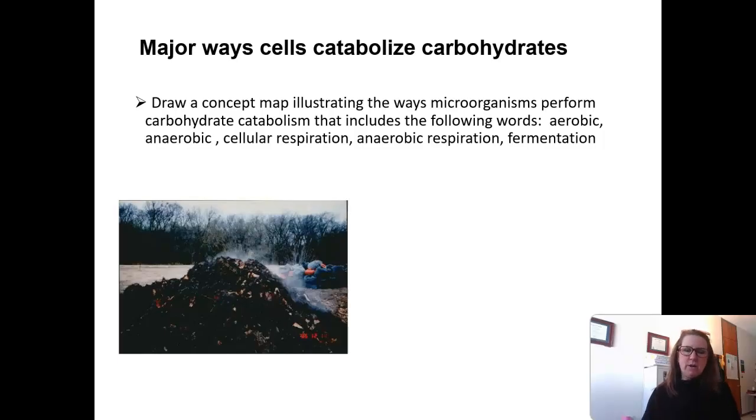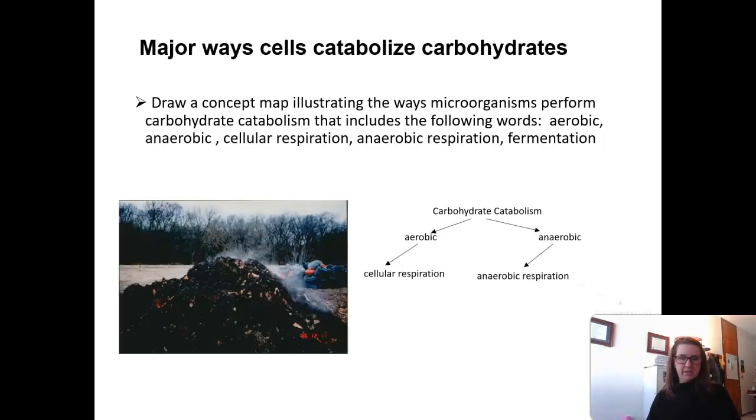Okay, so this is right off of your lab worksheet for the week. Draw a concept map illustrating the ways microorganisms perform carbohydrate catabolism and include the following words. So I want to show you what this looks like because I hear that students sometimes have difficulty with the concept maps. But essentially in carbohydrate catabolism, we're breaking down carbohydrates, and we're really thinking about glucose, okay?